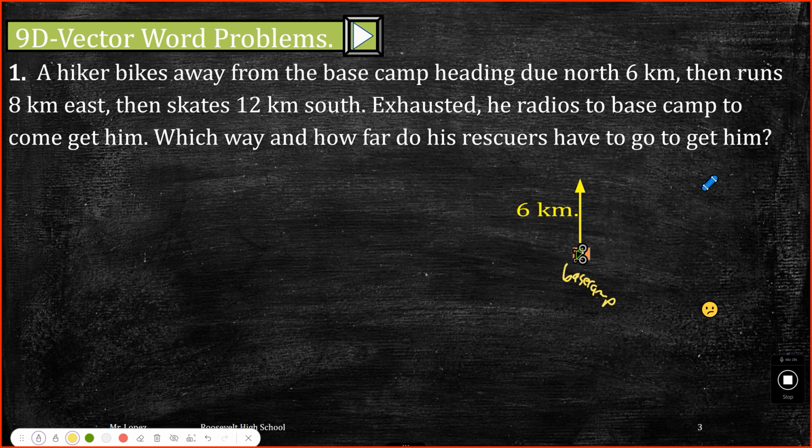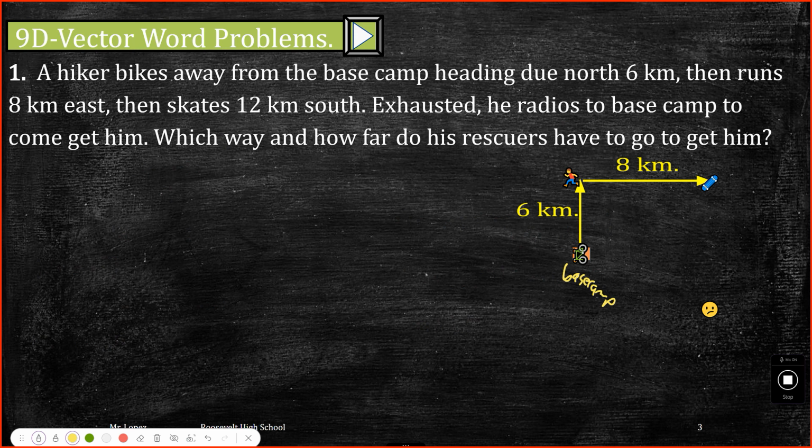So a hiker bikes away from base camp heading due north 6 kilometers. Then he runs 8 kilometers east. East is to the right. My emoji is going left, but the drawing is going to the right, he's going right instead.